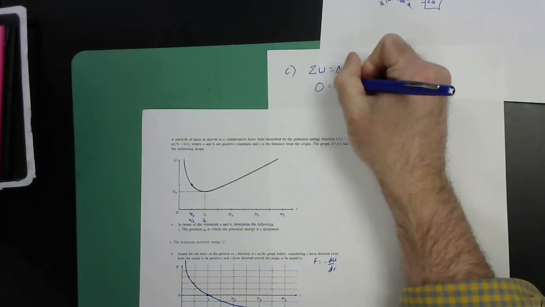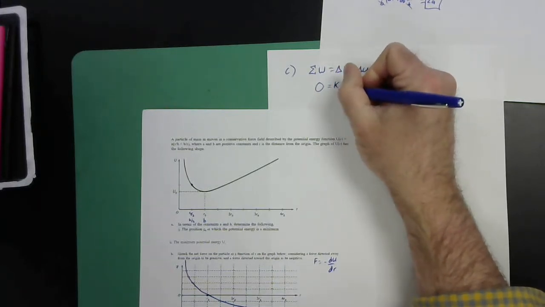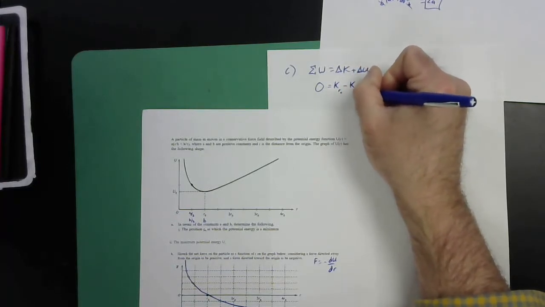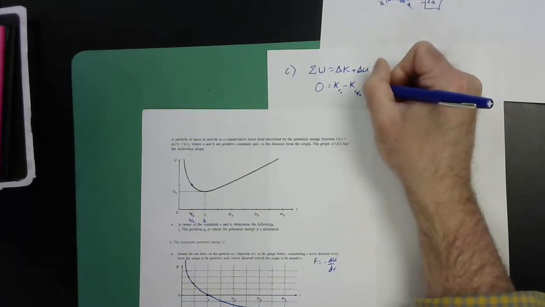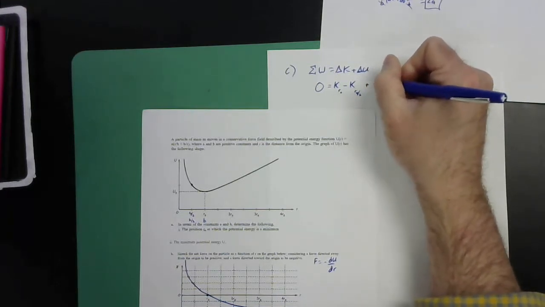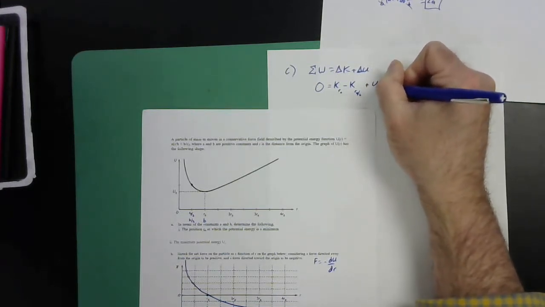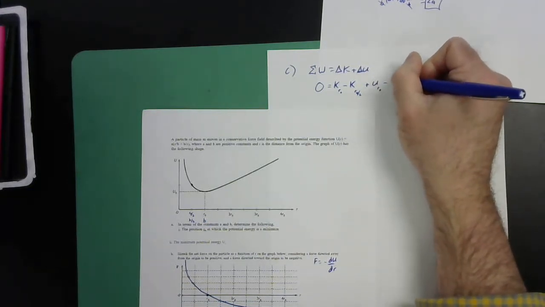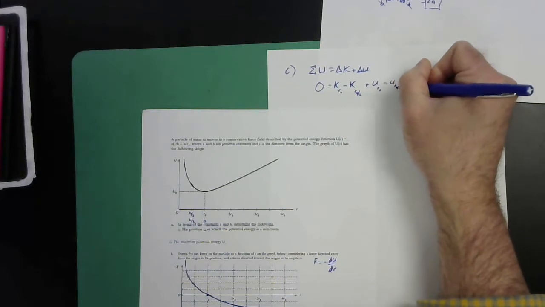I'm going to have my K at R naught, minus the K at R naught over 2, plus the U at R naught, which we'll fix in a second, minus the U at R naught over 2.